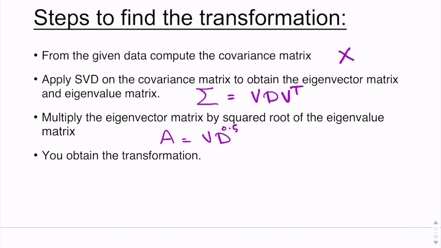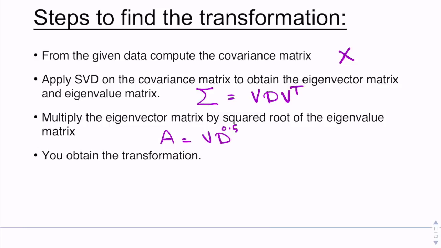So that means now, if I have some normally distributed data, I can find the transform by which this data has been transformed from a standard normal distribution to this dataset. This is basically the basics behind principal component analysis.